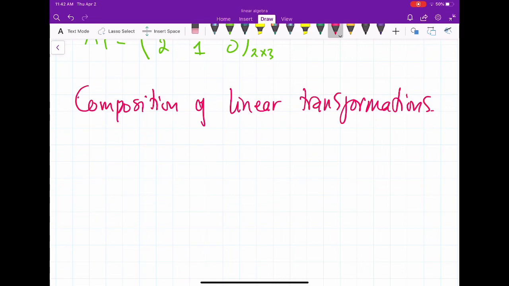Suppose now you have two linear transformations. You want to consider a sequence of these two linear transformations. How to find that?